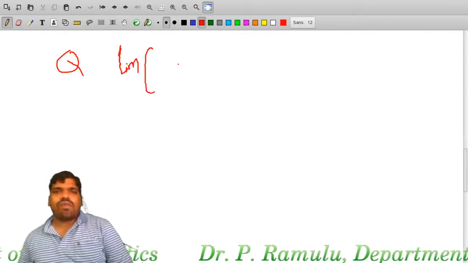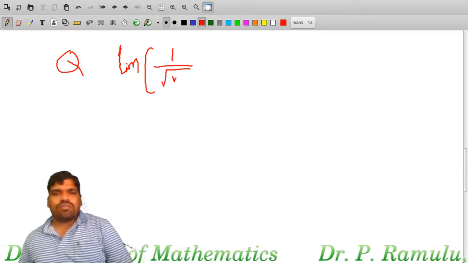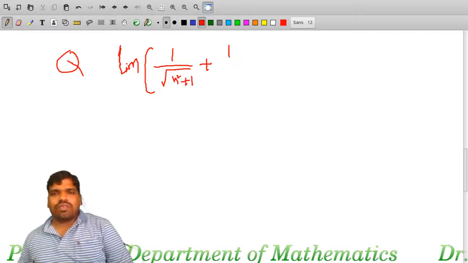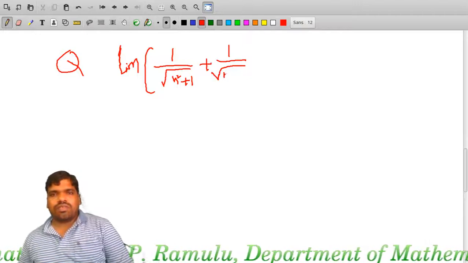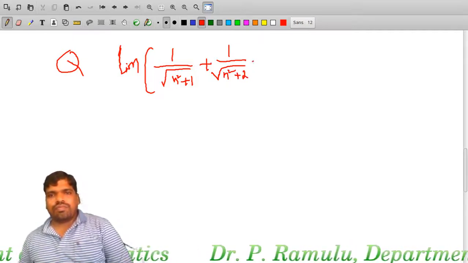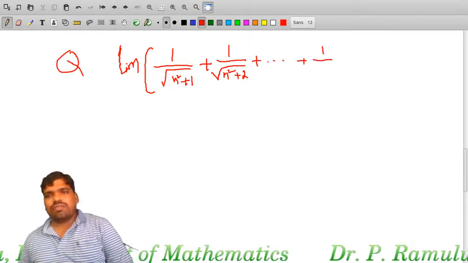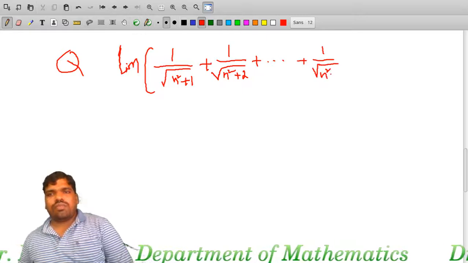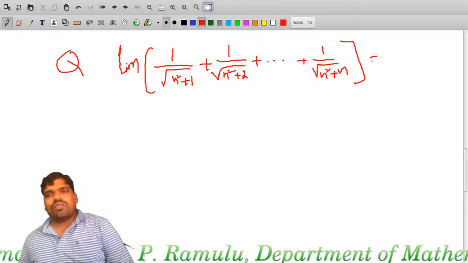The limit of 1 by root of n square plus 1 plus 1 by root of n square plus 2 plus up to 1 by root of n square plus n is equal to 1.